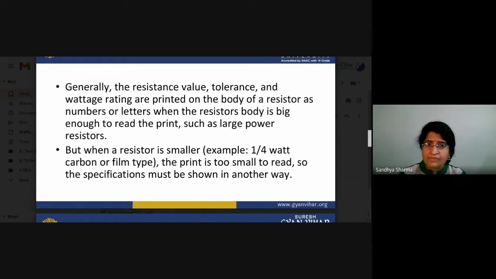But if the resistor is not of sufficient size, we face problems in printing. When a resistor is smaller, such as a 1 by 4th watt carbon or film type, the print is too small to read, so the specification must be shown in another way. So this is basically the color coding method.